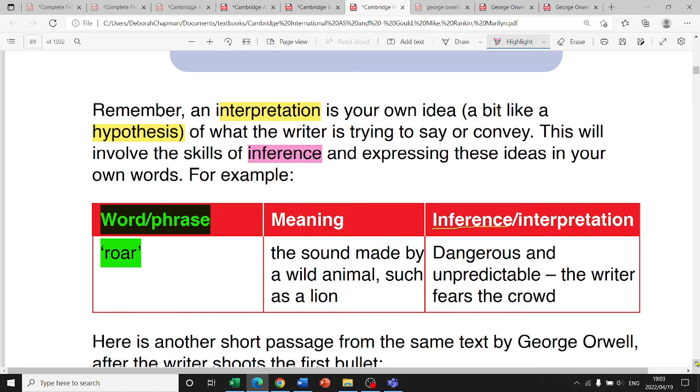What is the meaning of the phrase that you've chosen and what does it infer? Think about why you chose that word or that phrase. Was there a specific thing?